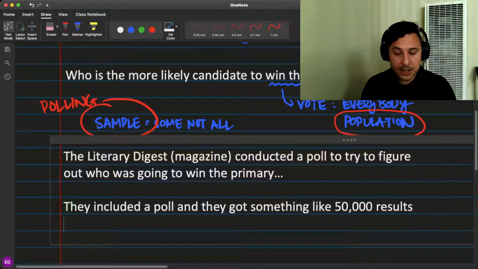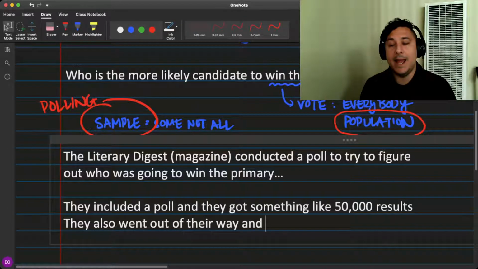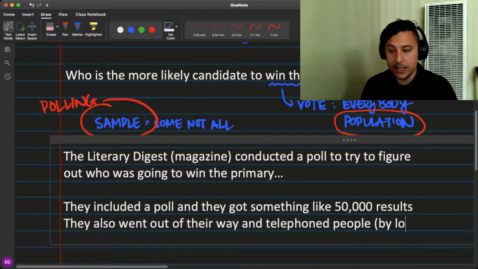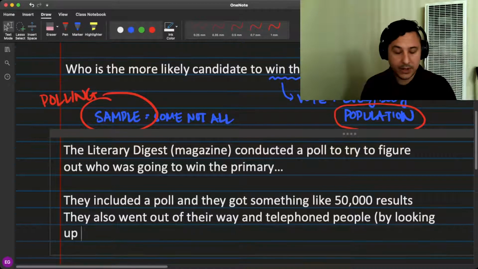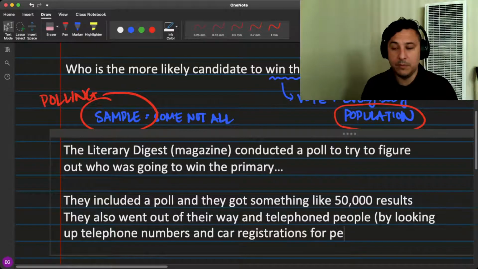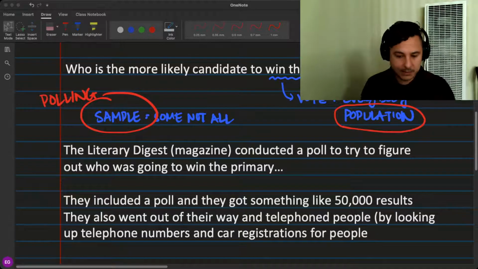They also went out of their way and telephoned people, and they found them by looking up telephone numbers and car registrations for people who were not subscribed to the magazine.